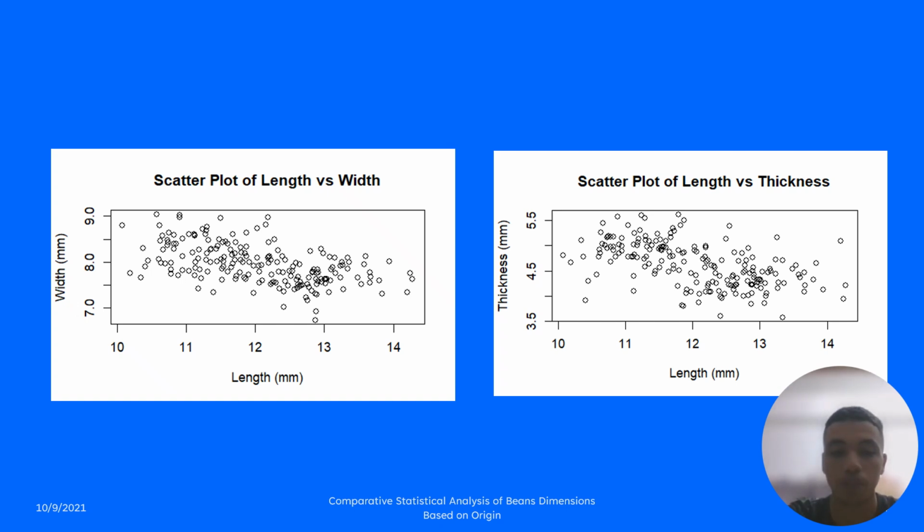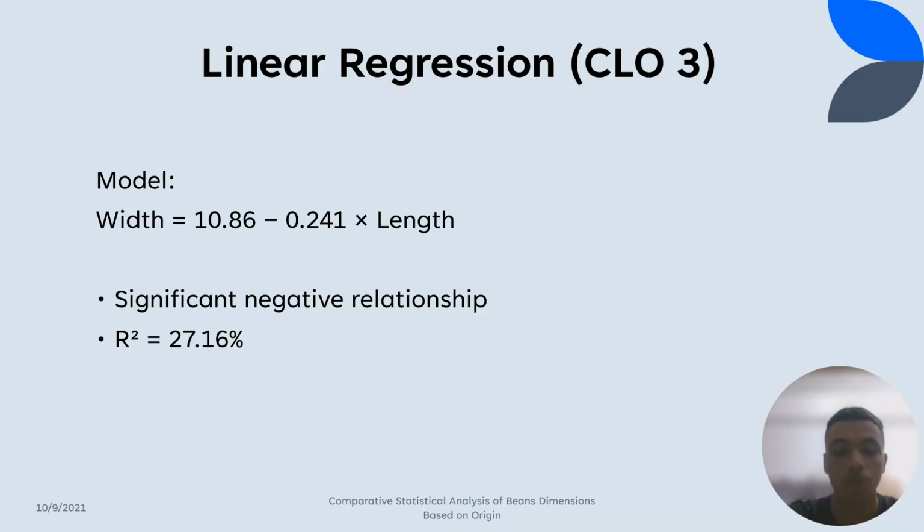So now let's move to the linear regression. A linear regression analysis was conducted to examine the relationship between bean length and width. The regression equation shows that there is a significant negative relationship.